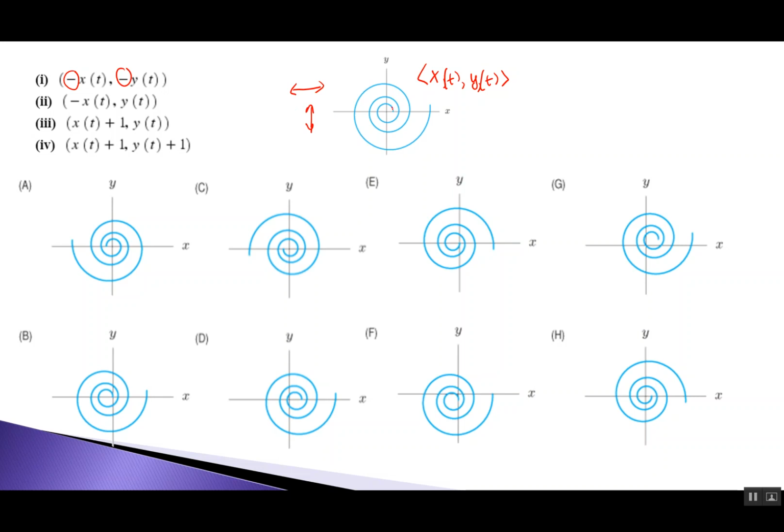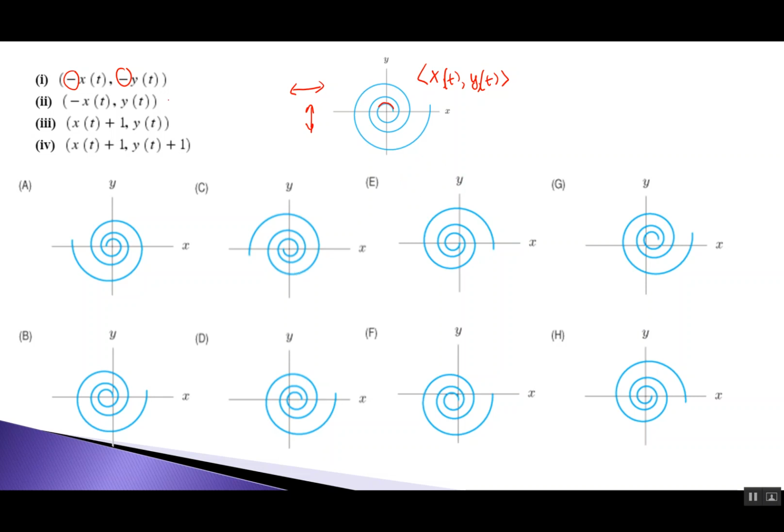So if I look at this, this flips horizontally and then flips vertically, so I should be looking for something that comes around like that. My horizontal flip will make this part move that way, and the vertical flip will then turn it upside down, which will make it go that way. So that's why the answer to that one is C.